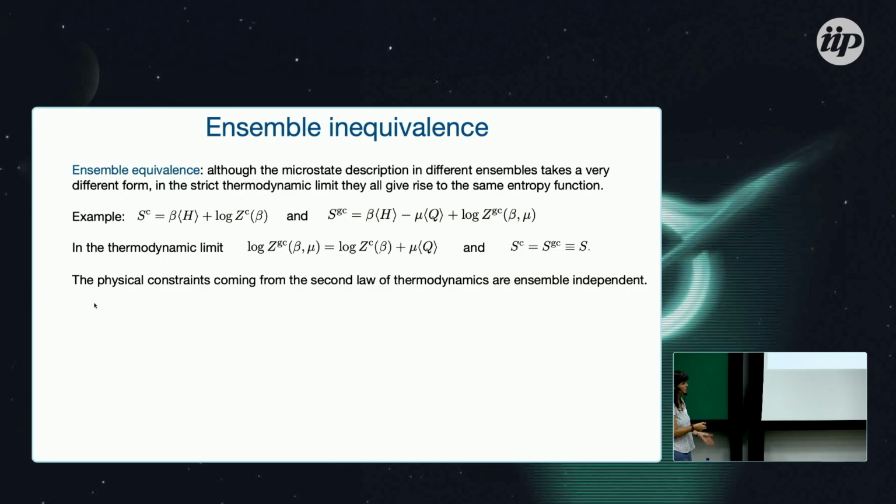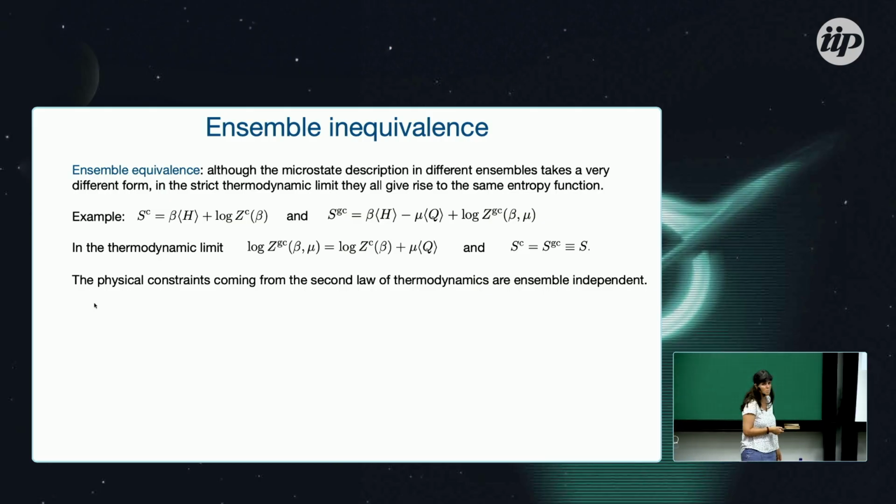These two quantities are in general different, but in the strict thermodynamic limit there exist relations between the two. And so the canonical and grand canonical entropy coincide, and they give a unique notion of entropy. This is the important consequence that the physical constraints that come from the second law of thermodynamics are ensemble independent.